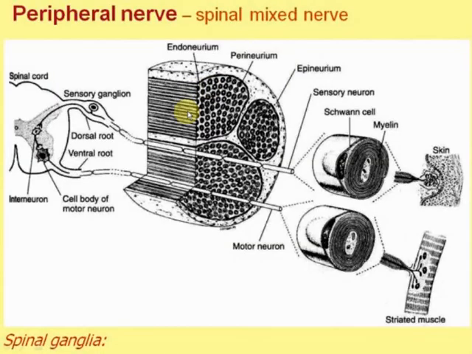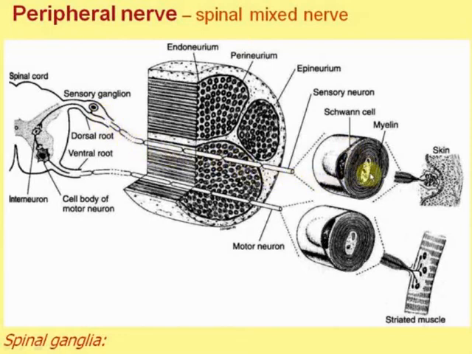On this scheme you can see the peripheral nerve or spinal mixed nerve. Nerve fibers here include dendrites of sensory neurons.